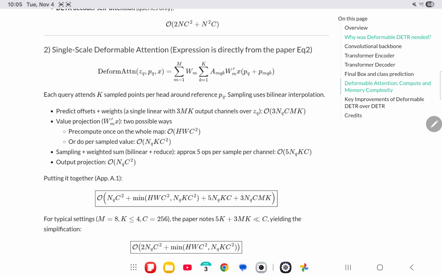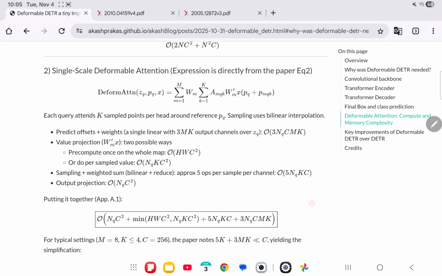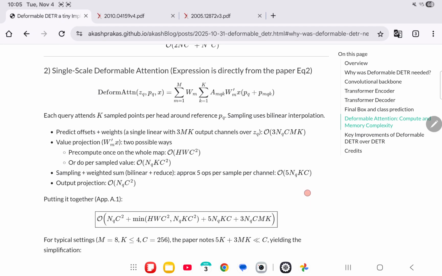Now coming to the complexity of deformable attention with one layer, we have the predict offset, right? What predict offset was doing, the input dimension was NQC, and what we were outputting was MK points, right?